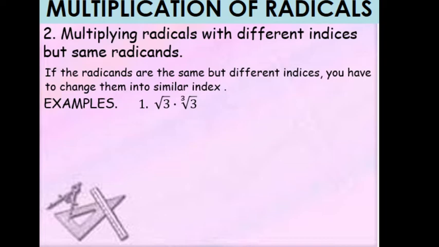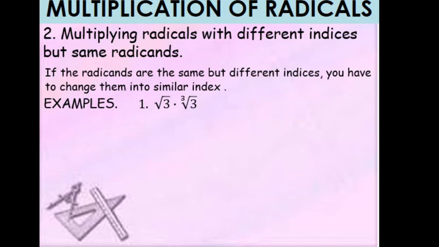radicand. Ang gagawin natin is to transform these given radicals into rational exponents. Ibig sabihin, lalagyan natin ng exponent ang radicand na fraction. Since walang exponent yung 3, ang ibig sabihin, meron siyang exponent na 1, and ang index dito is 3, and ang index naman dito ay 2.